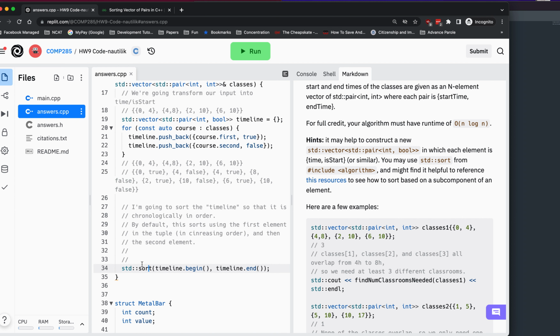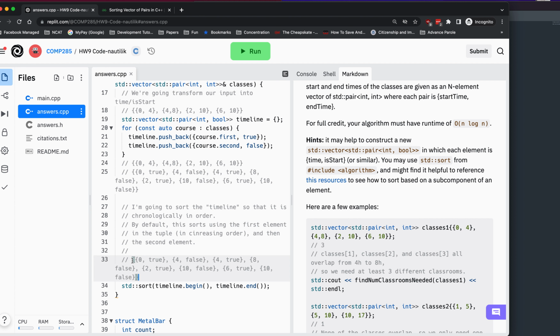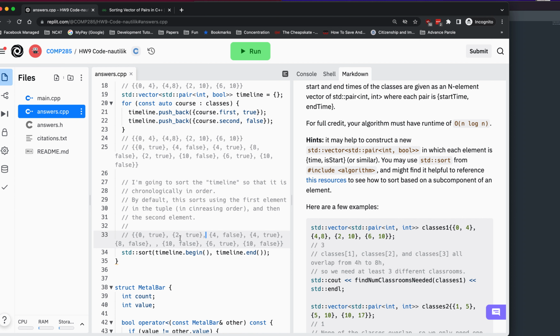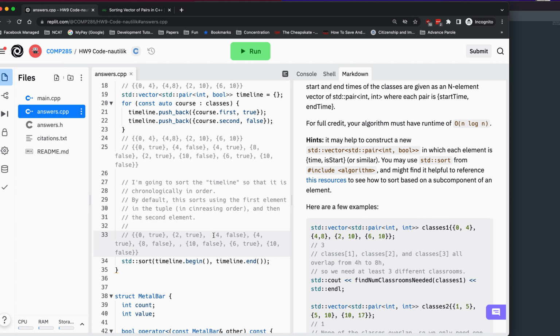Okay, and then after we sort it, this is going to first get sorted by the 0, right? So by the first element. So we're actually going to have this same vector of elements here, but now it's going to be sorted where 0 comes first, then actually this 2. Then we have 2 4s, so they should come next. However, it'll then sort by the second element.